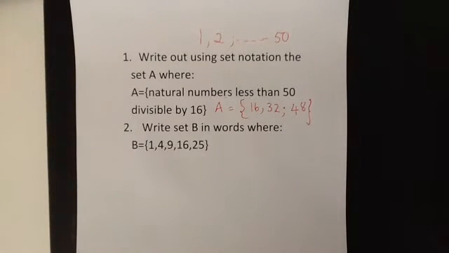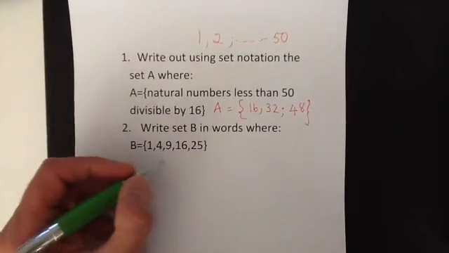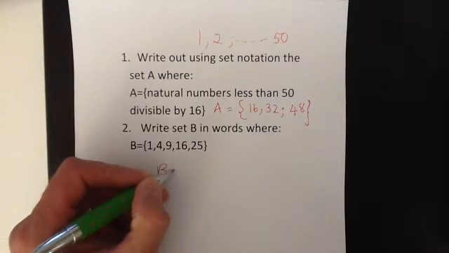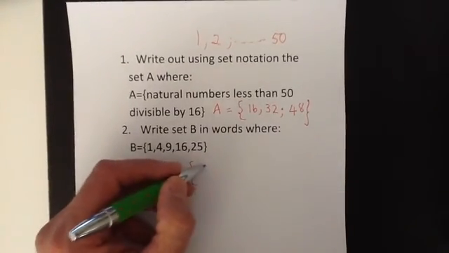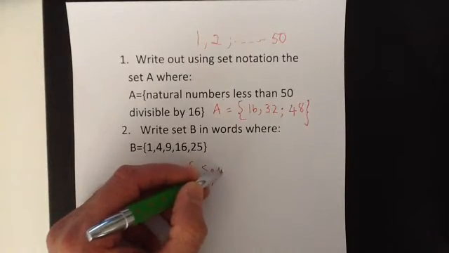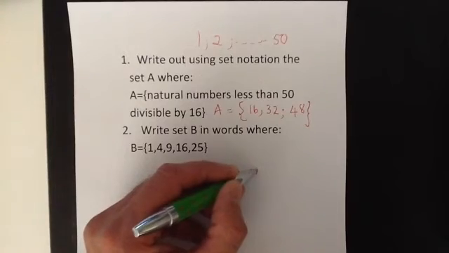Now let's look at the second one. You've got to recognize these numbers as square numbers. So B is equal to the set of square numbers.